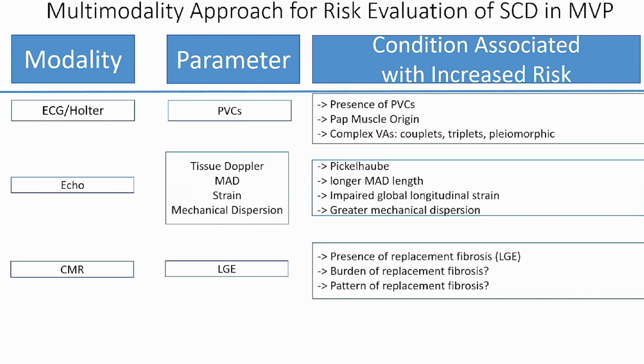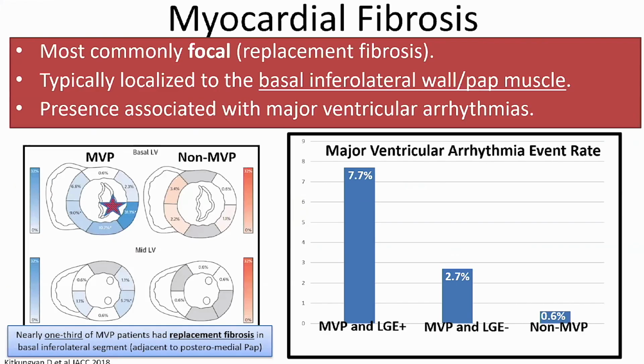The next modality is cardiac magnetic resonance imaging, looking for LGE, specifically the presence of replacement fibrosis. Myocardial fibrosis is known to occur in 1/3 of patients with MVP and significant MR. It's typically localized to the basal infralateral wall or papillary muscle.